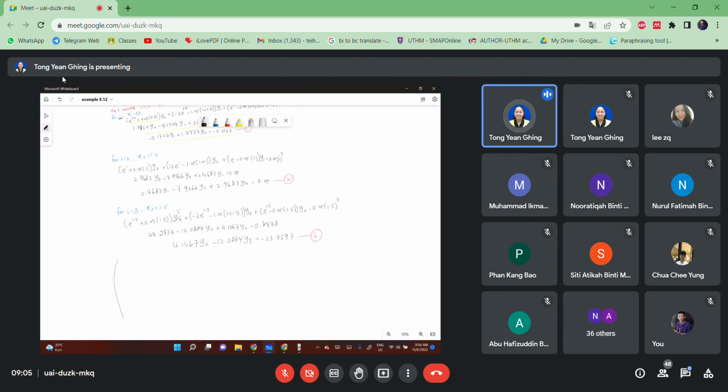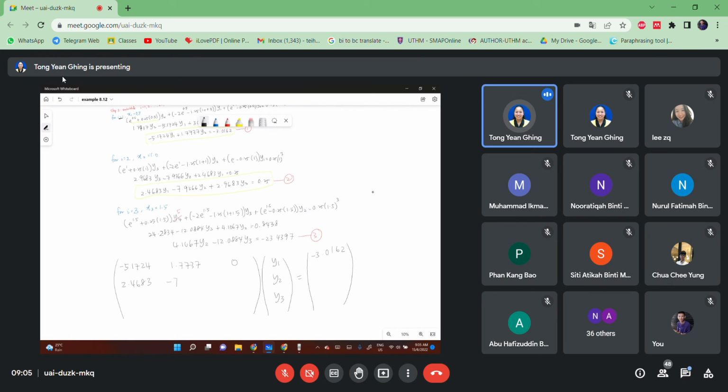So I can write this one is negative 5.1724, and then 1.7737, and then 0, y1, y2, y3, and then equal to negative 3.0162.